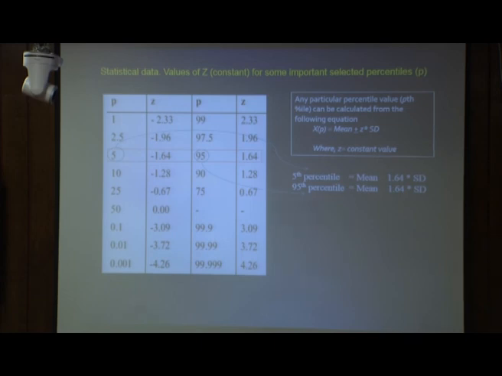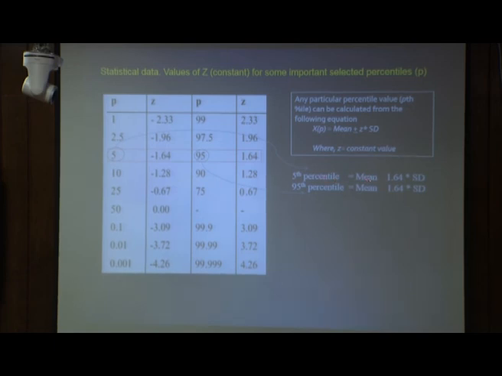If we want to calculate, for example, the 5th percentile or 95th percentile value, then how do we calculate it? For a specific percentile, we have to go for the mean value plus or minus a multiple of the standard deviation value.